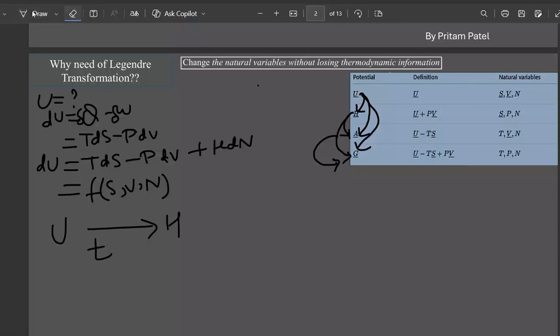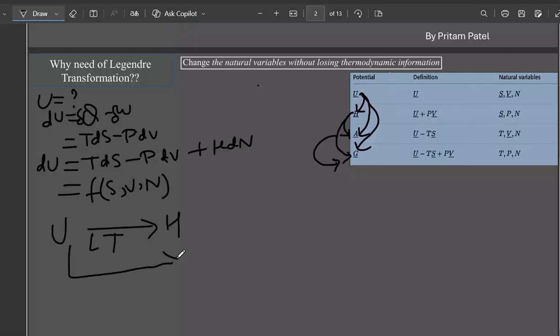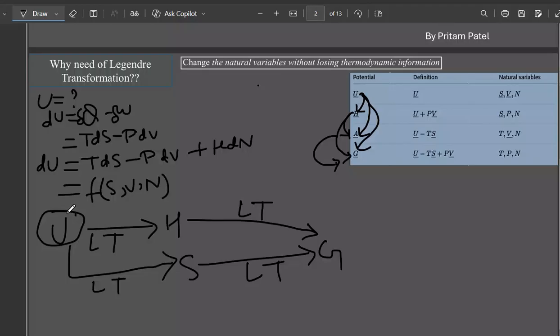Also U changes to the other potentials using the Legendre transformation, and one transformation gets us from U to the next terms, like a tree-like structure showing how to interchange all of these.